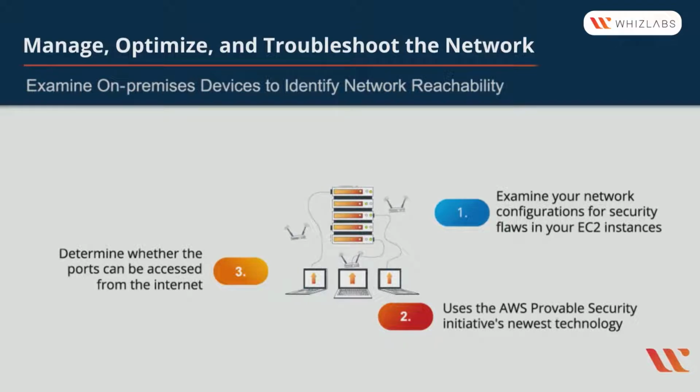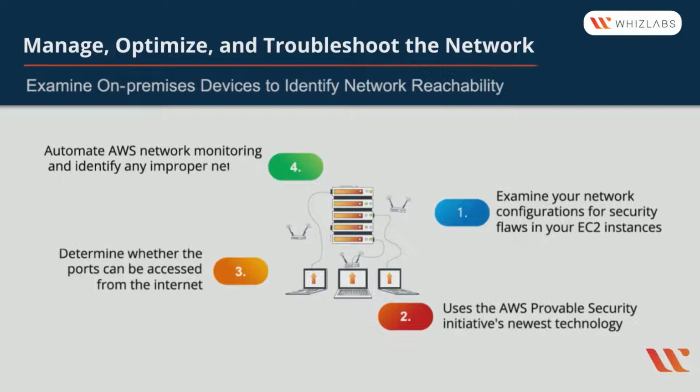Mismanaged security groups, ACLs, IGWs, and other network setups that allow for potentially malicious access are also highlighted in these studies. These rules automate AWS network monitoring and identify any improper network access to your EC2 instances.